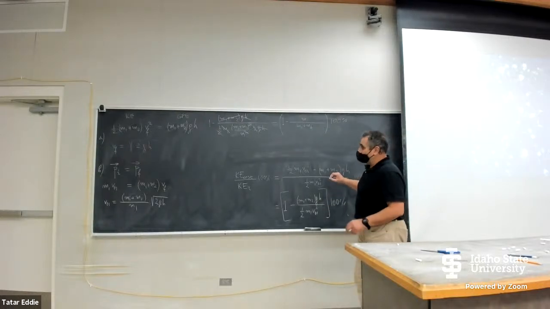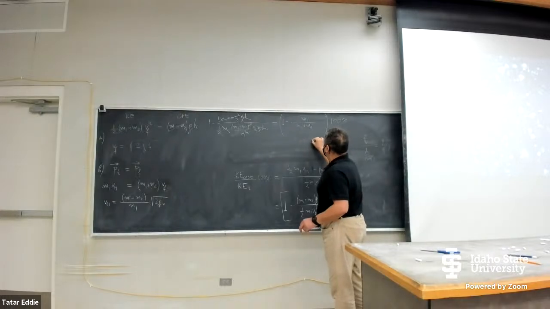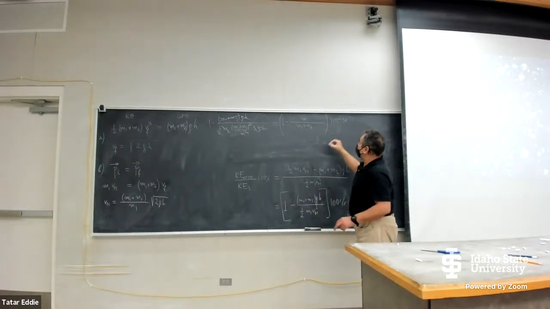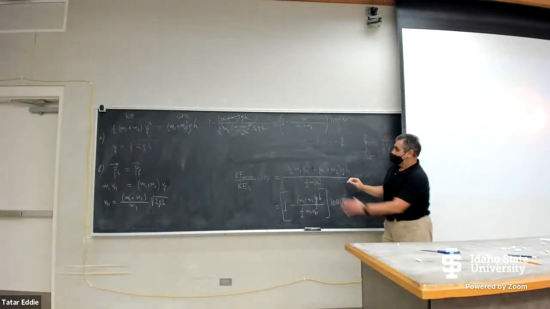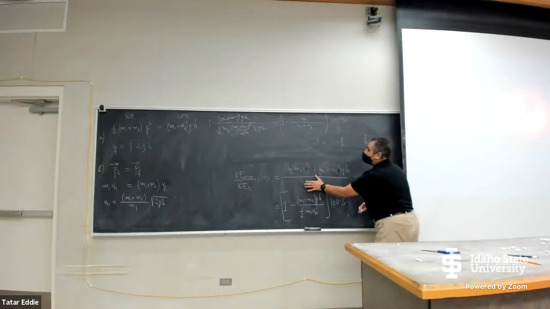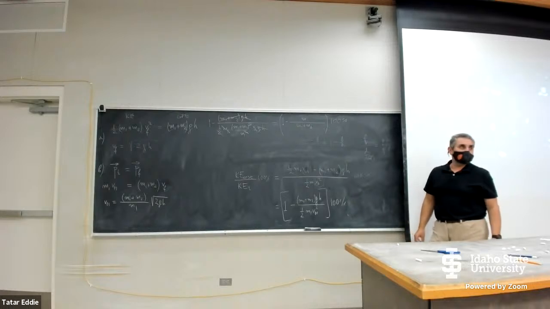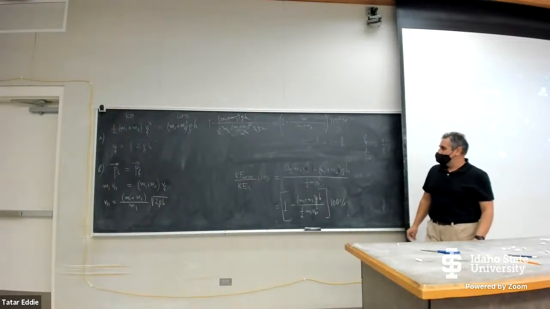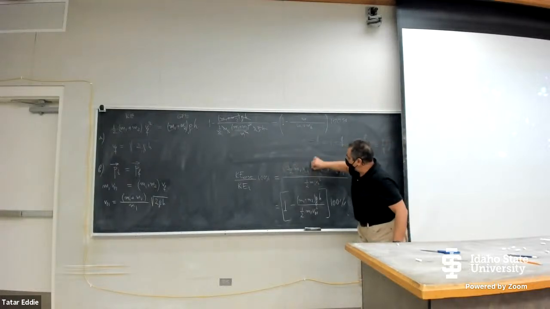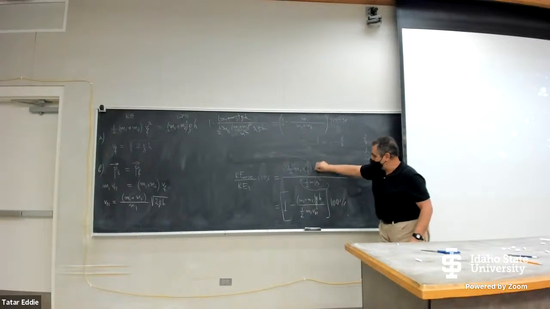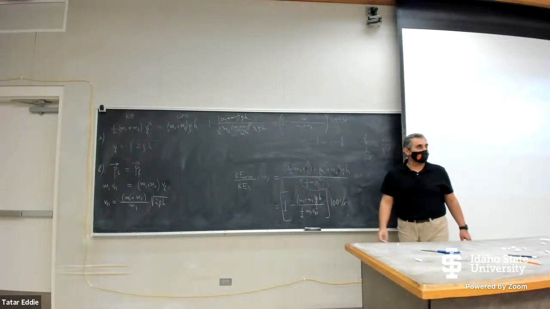I'm using A plus B or A minus B divided by A is equal to A divided by A, which is 1, minus B divided by A. Because the one-half mass 1 V naught 1 is on the top, and on the bottom this divided by this is 1 minus this divided by the same thing.